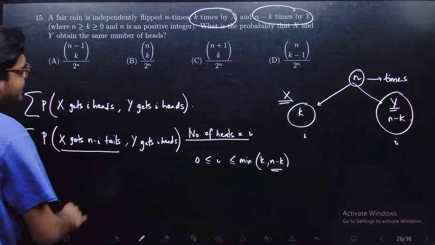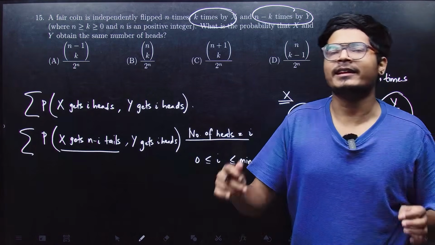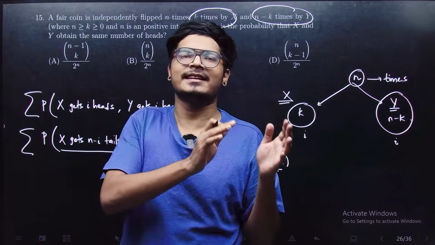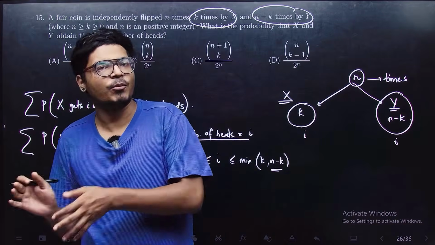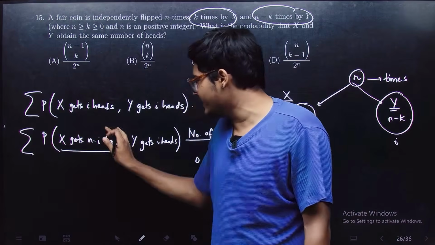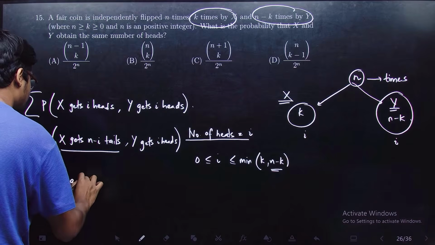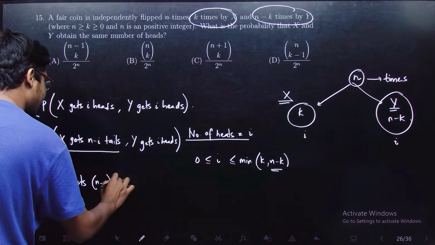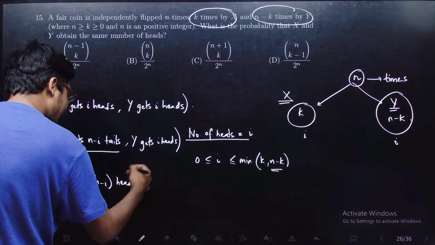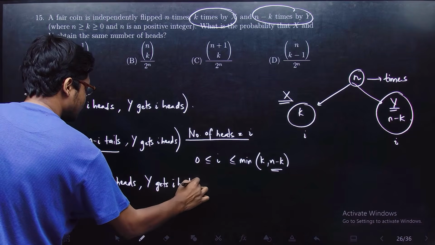Because it's a fair coin, in any fair coin, the probability that you get n heads is the same as the probability you get n tails, right? Both of them are equal to half to the power n, right? So the probability that x gets k minus I tails is nothing but the probability that x gets k minus I heads. These two are again the same. And you want y to get I heads, okay? Clear?